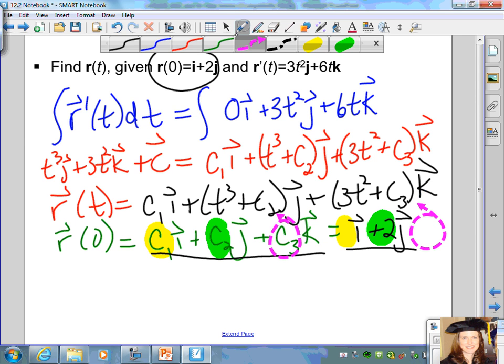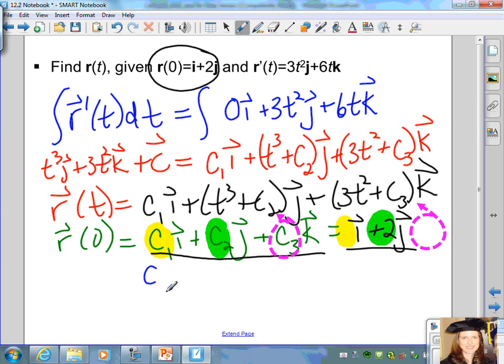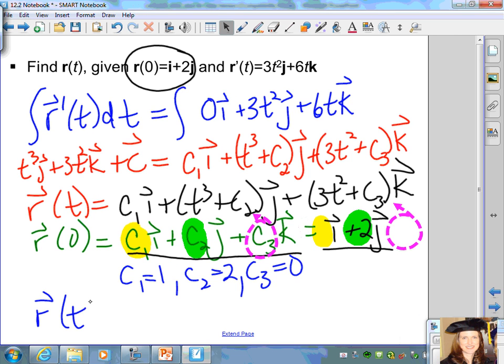So we can determine the values of the constants. C1 would have to equal 1. Those two yellow shaded regions are the i components. C2 must equal 2. And then finally C3 would have to equal 0 in order for this r of t to have that initial condition.